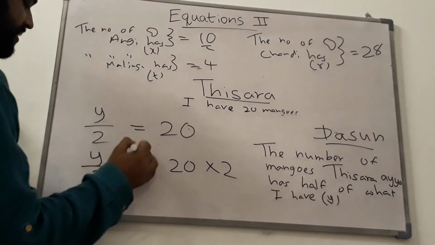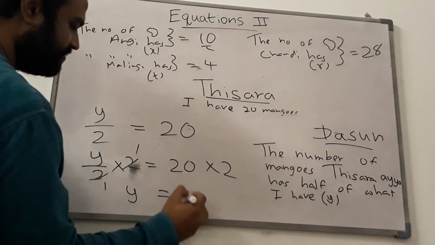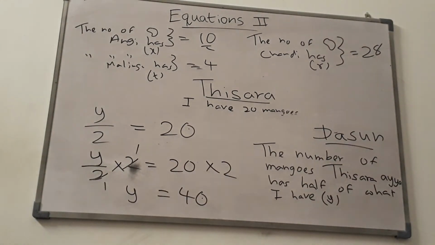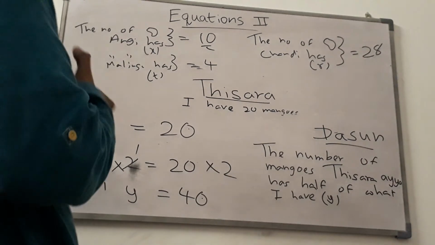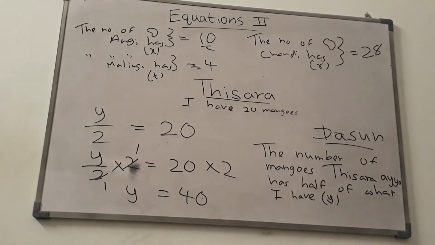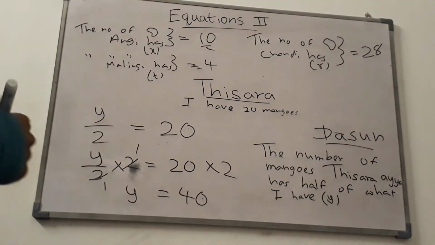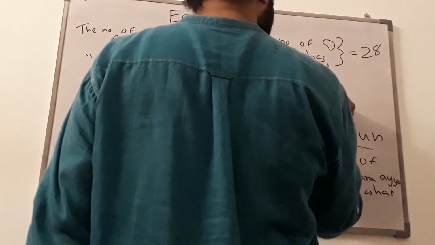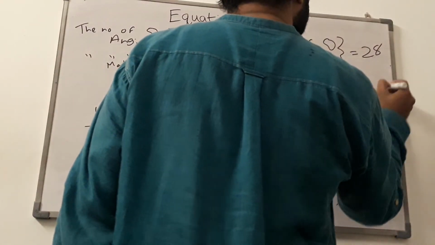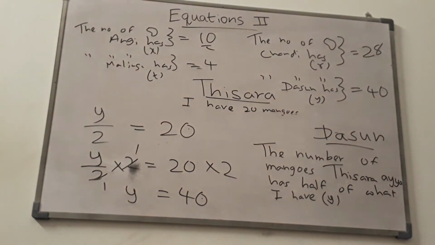So Y is equal to 40. My God, Dasun has 40 mangoes. He has more than the others, it seems.